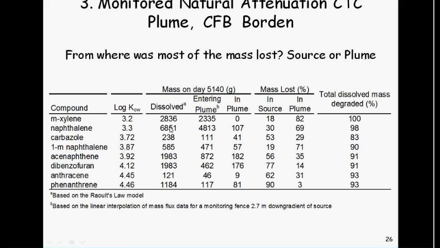So the mass that's lost from the source is how much dissolved minus how much got into the plume. So that's about 18%. The difference is about 20%. Once it got in the plume, the difference between what's in the plume and what entered the plume is mass loss in the plume.